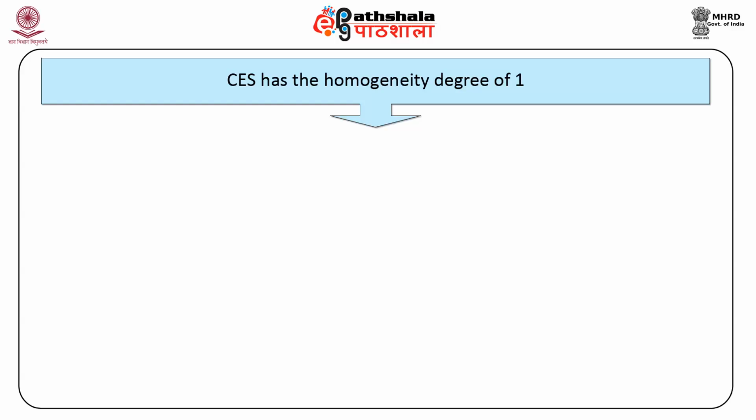inputs. For example, labor and capital have increased by constant factor m. In such a case, the production function can be represented as follows.